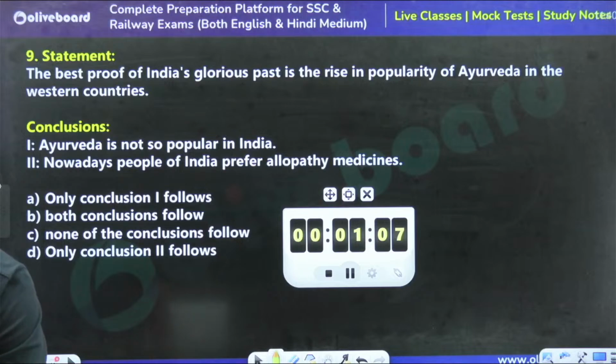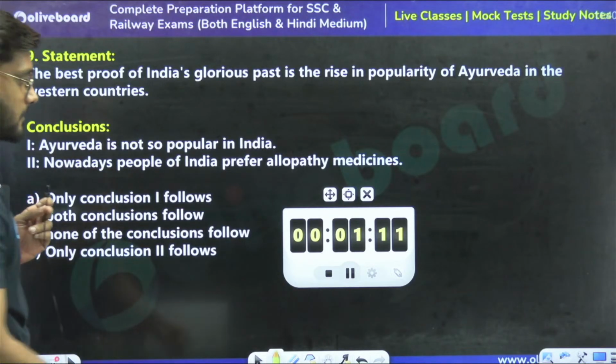Okay, let's see. Arun Pandya is also saying C. Let's see the right answer.